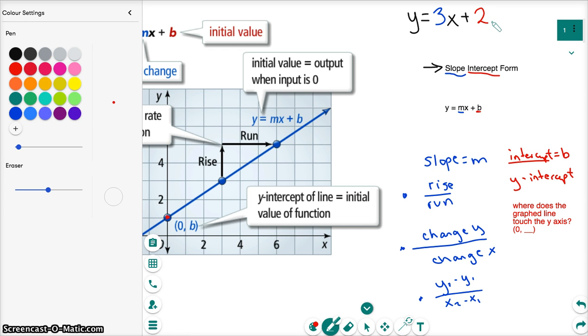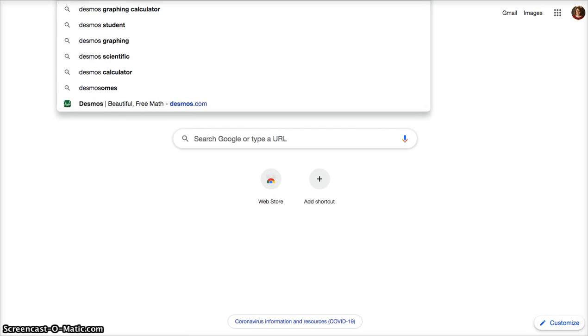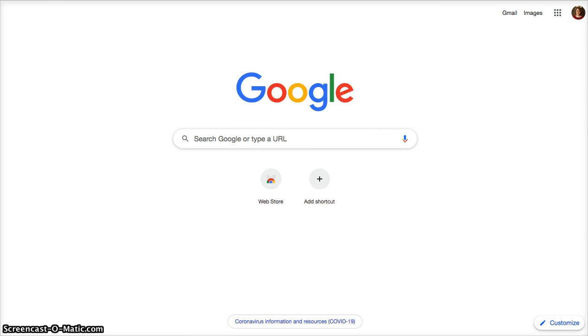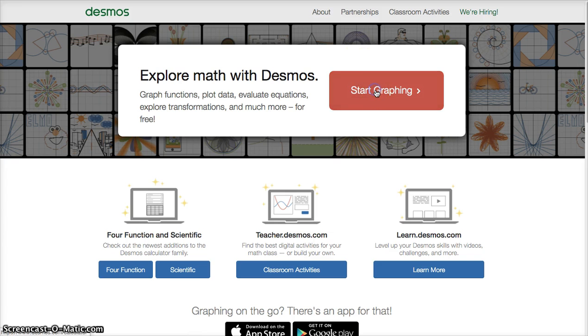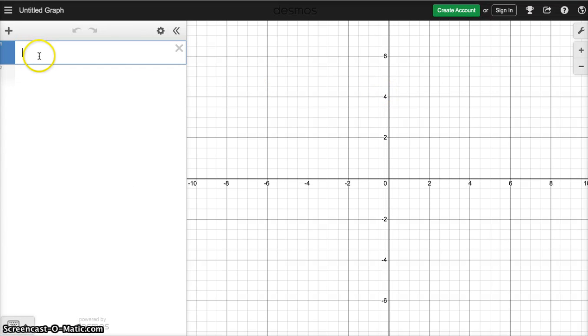So if I pull up a Desmos page here and I type in that equation, y equals 3x plus 2, I've got my graphed line here.